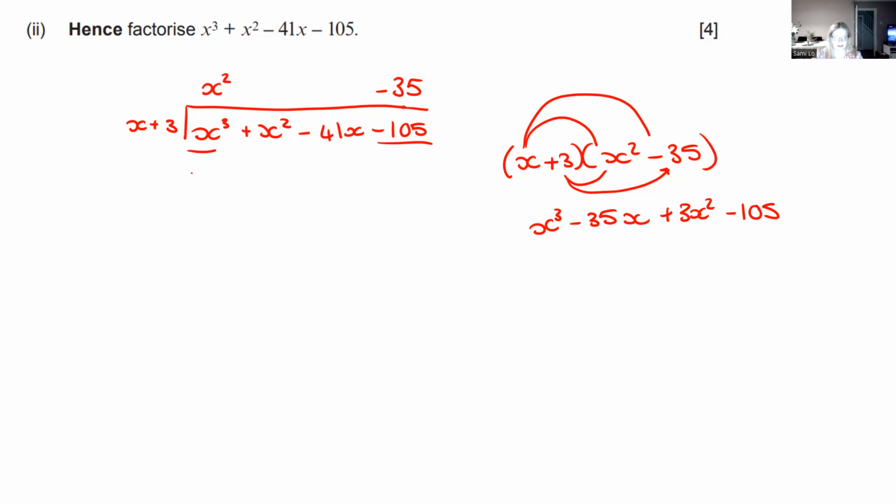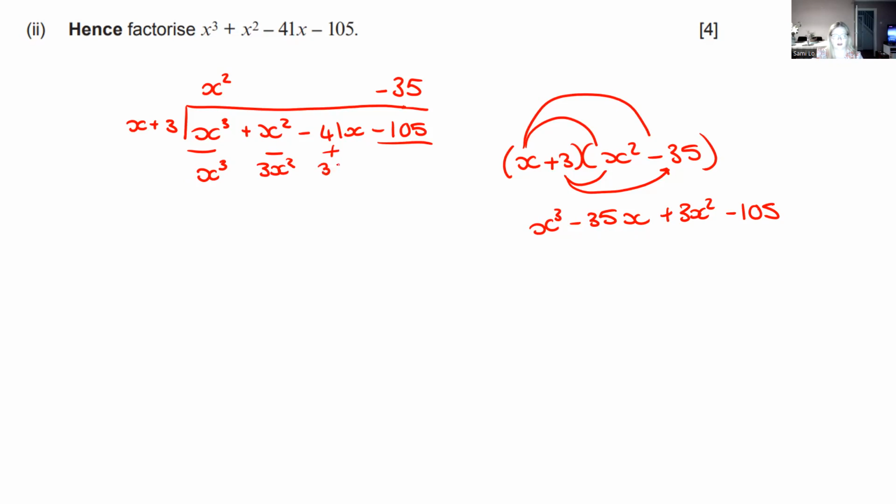So I've already got my line there, so I might as well keep that. And then this one, I've got x squared minus, so that's going to become minus 3x squared minus 41. And I'm going to be minus in another 35, so I'm going to put plus there.